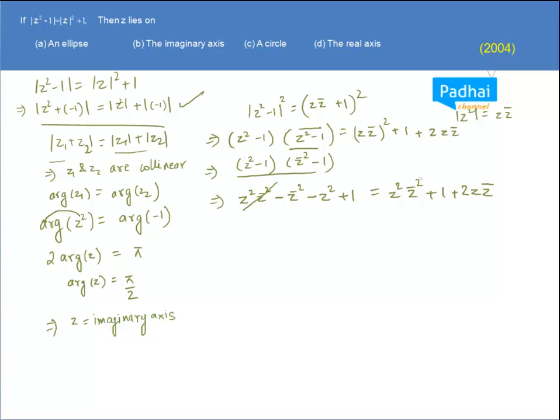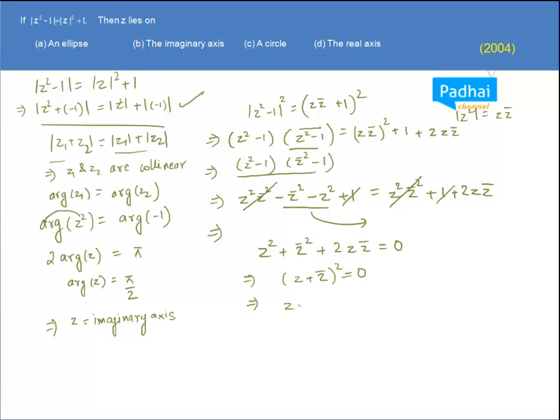So these terms will cancel out. The thing that will be remaining with me, if I take this on the RHS, is z² + z̄² + 2|z|² = 0. Now if you see this very carefully, this is clearly a square, (a + b)², where a is z and the other term is z̄, equal to 0.